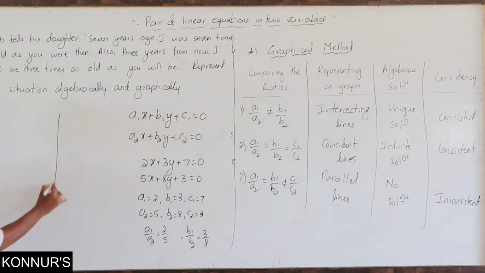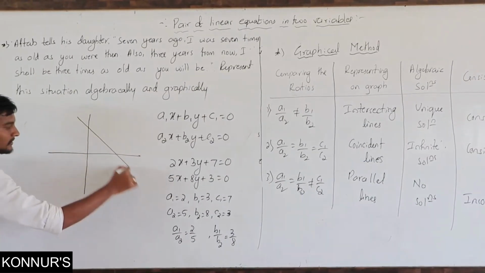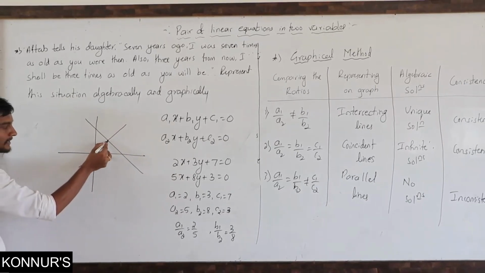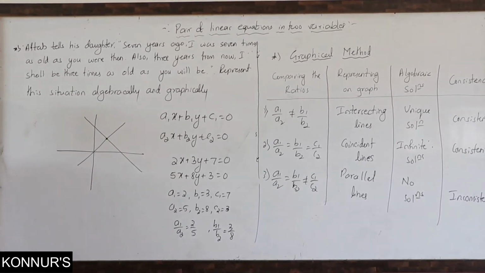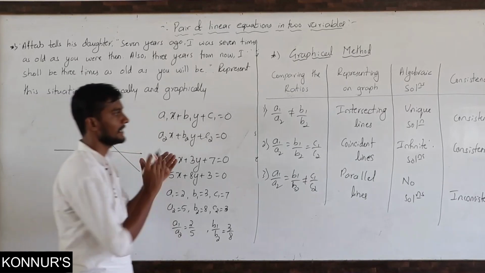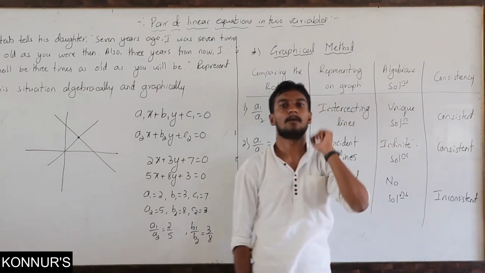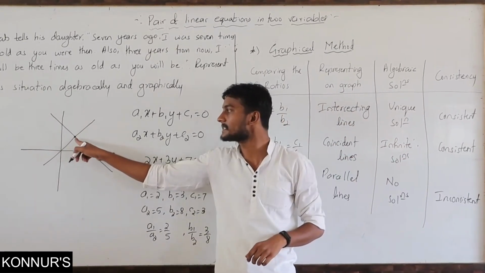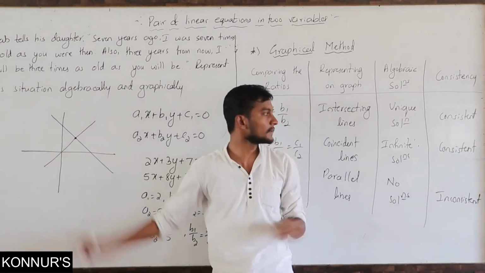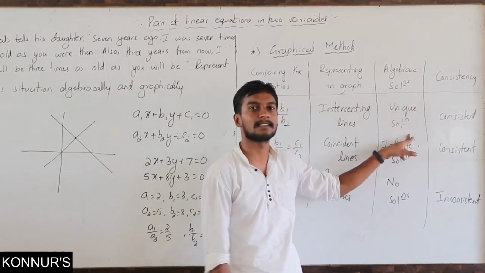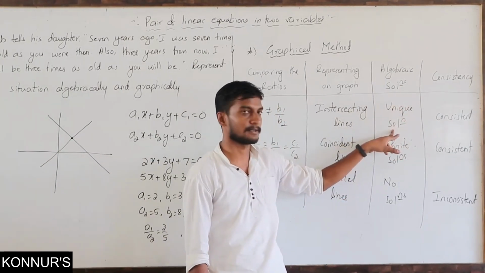For example, you may get lines like this, intersecting. If the lines intersect, how many solutions do you get? Only one solution, that is a unique solution.